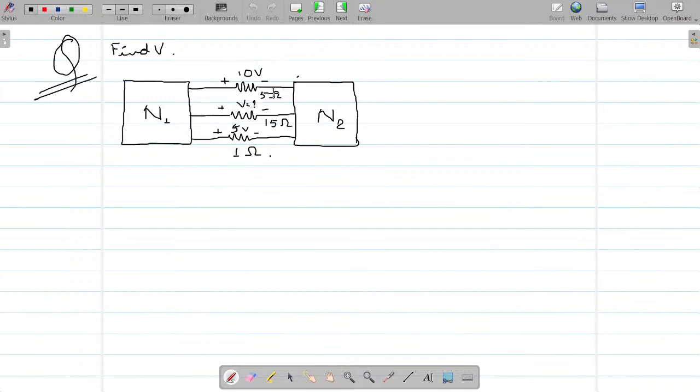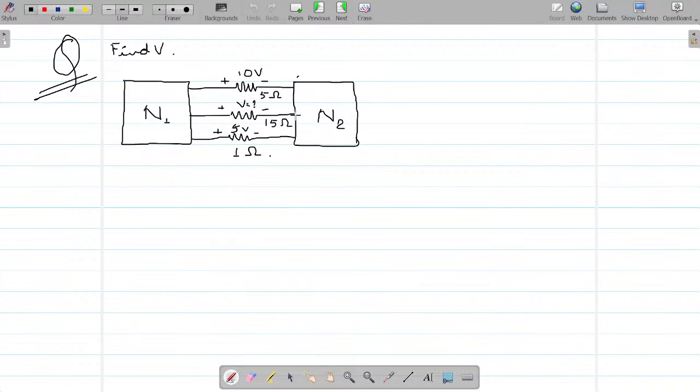One of them is a 5 ohm resistor which sees a 10-volt drop. Similarly, there's a 1 ohm resistor which sees a 5 volt drop here. Remember, this 15 ohm resistor has unknown potential.